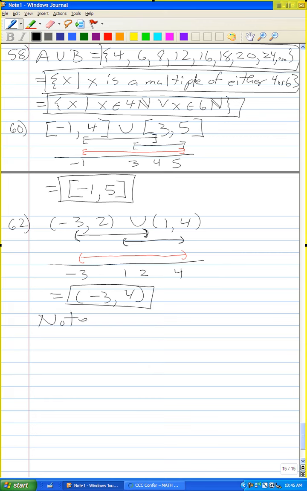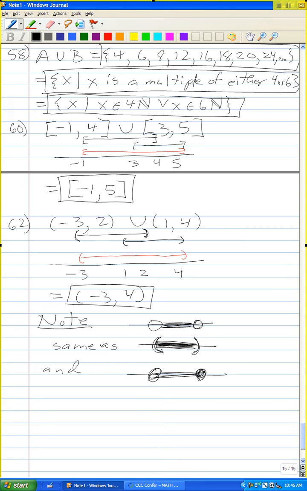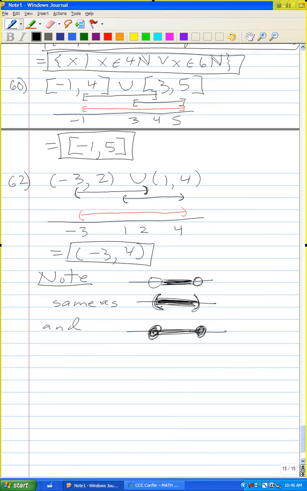So note, sorry, I forgot, I gave you the wrong notation there. This is the same as that notation where you just use that.